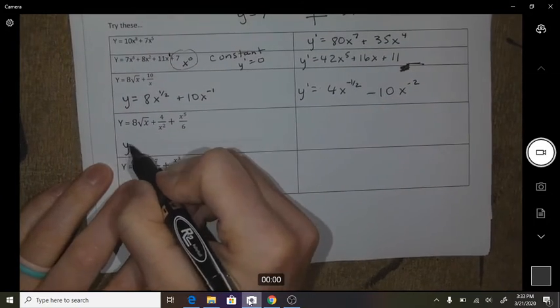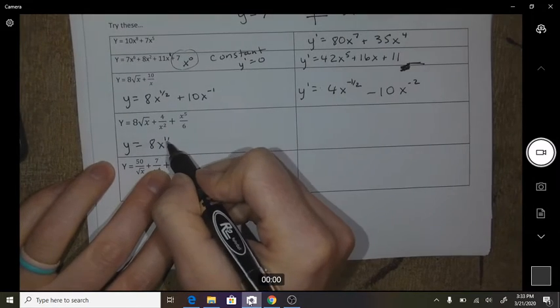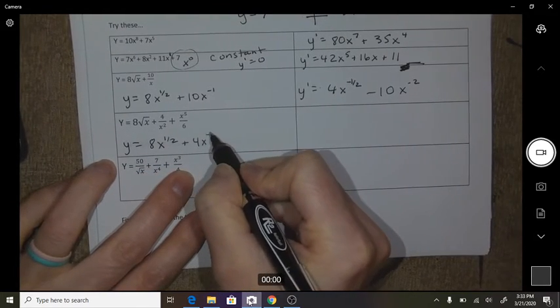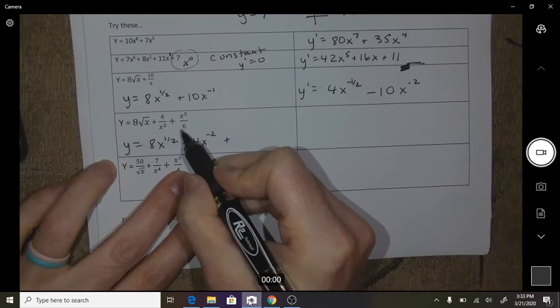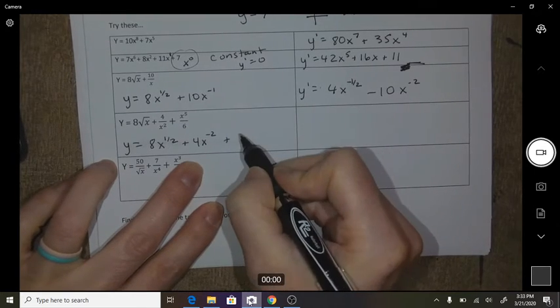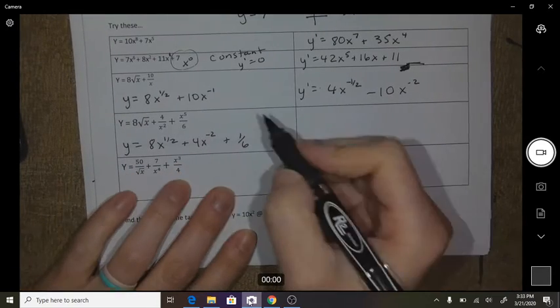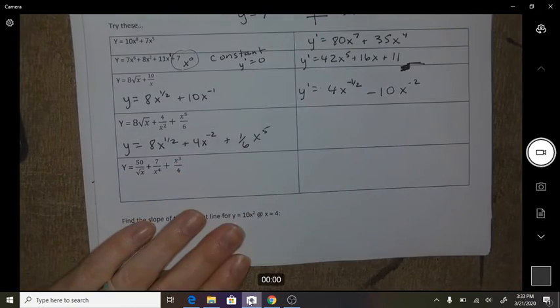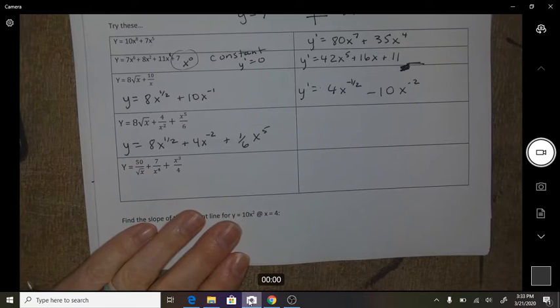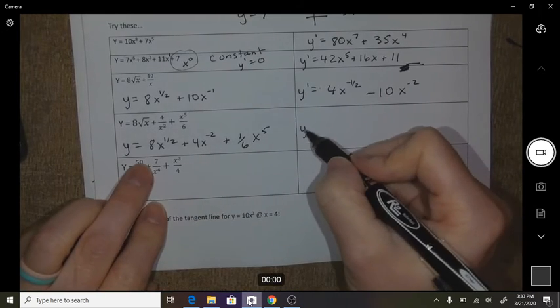Okay, I'm going to get you to also rewrite this one. And even this one I would rewrite. Instead of just dividing by 6, I'm going to write it as 1/6 in the front. Okay, so now take that and derive it.